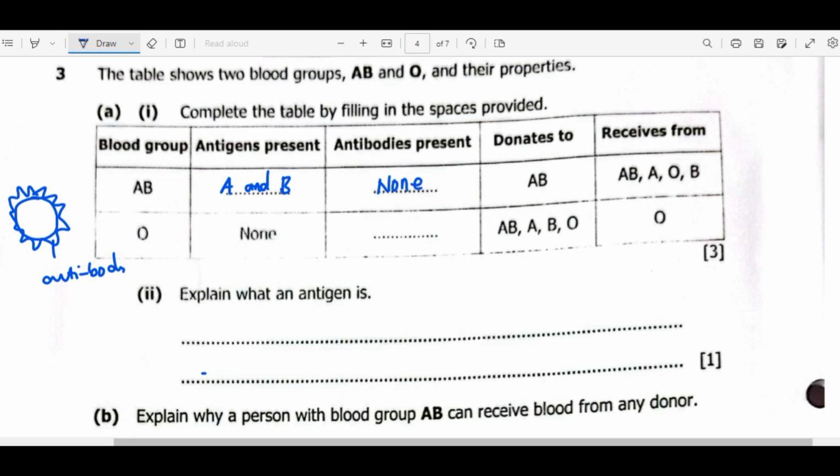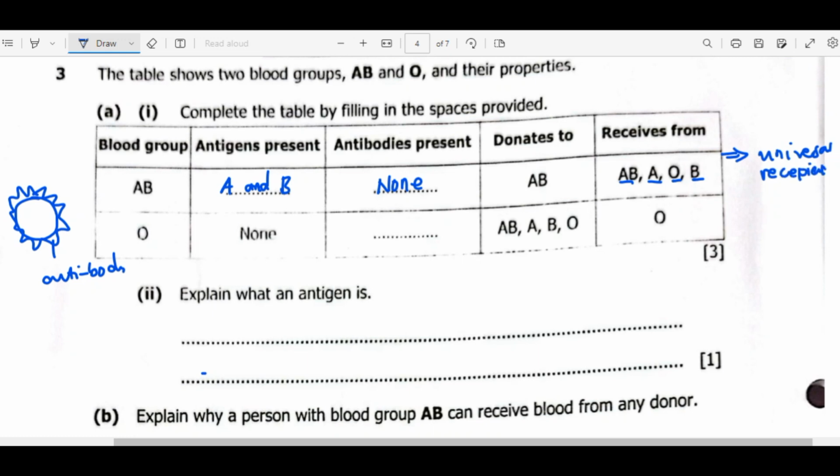Donate to AB. Now when it comes to donation, this group is selfish because it can only donate to the same blood group. But for receiving, they are able to receive from AB, A, O, and B. That's why they are referred to as the universal recipient.